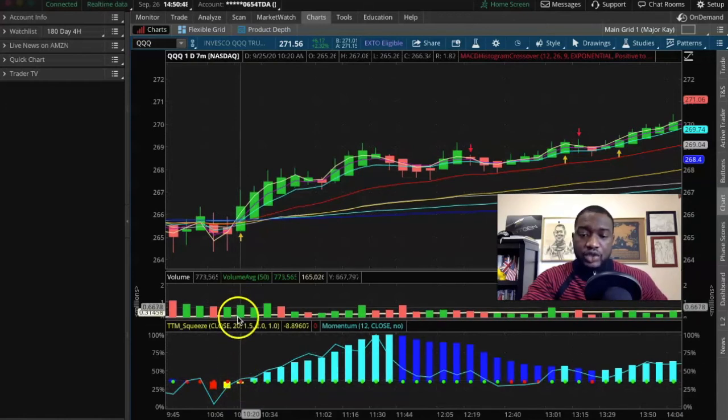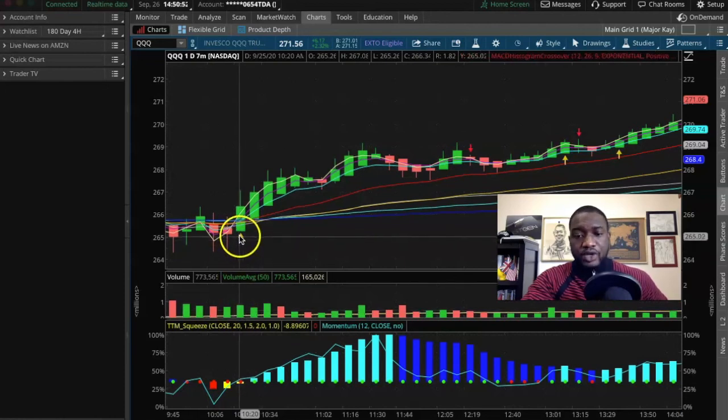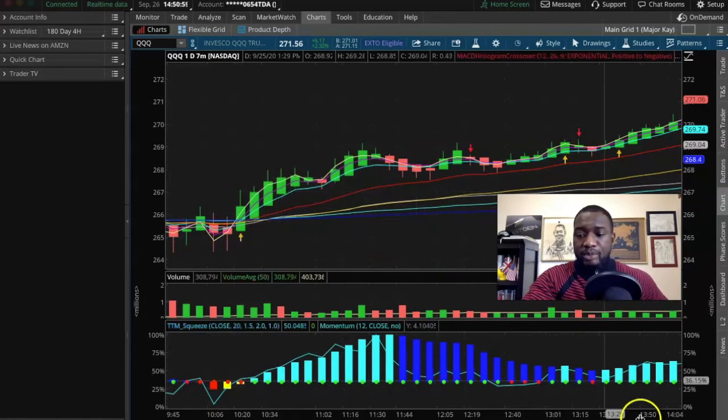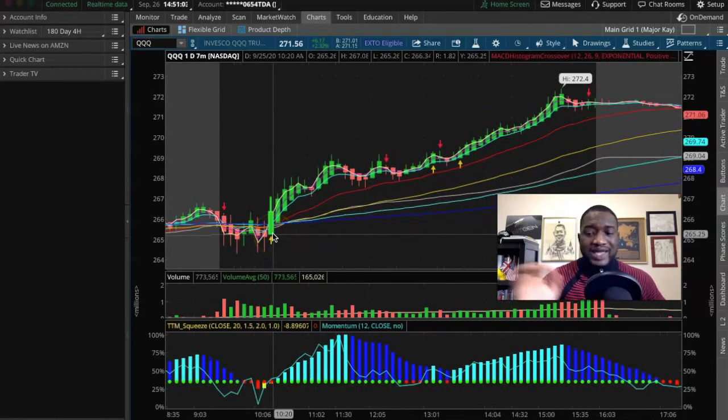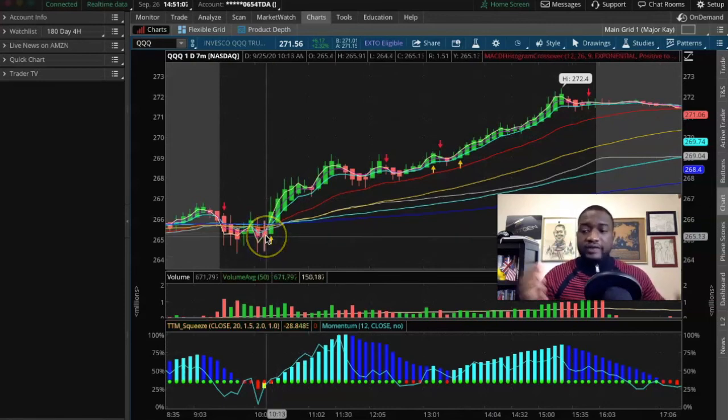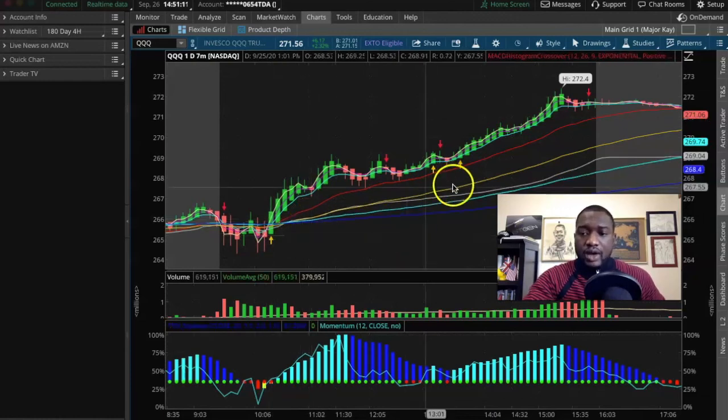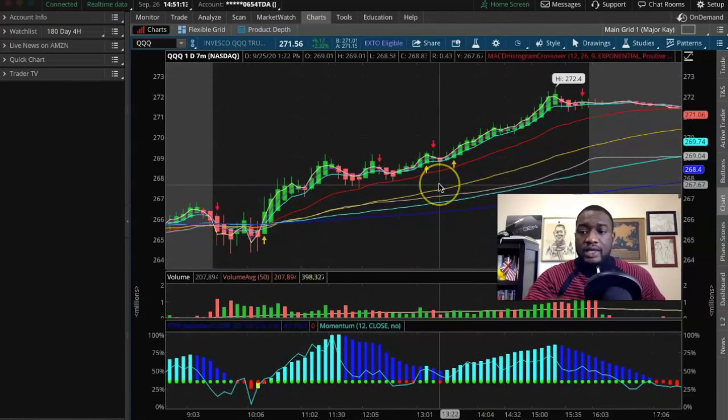In addition, with the high volume plus the crossover divergence indicator, this is a perfect trade right here. Perfect trade. This is how I like to trade. I don't like to hesitate. I like to just look at a chart and know what's going on, and using different tools together really helps make that happen. So that's that.